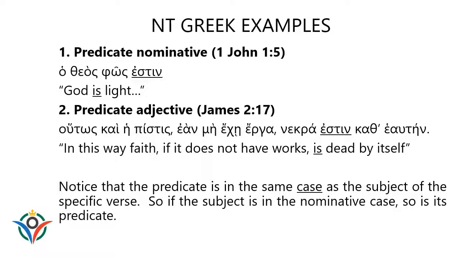Armed with your new knowledge of the different forms of eimi, let's return to the previous examples that we looked at. So firstly, the predicate nominative from 1 John 1 verse 5. The Greek text reads ho theos phos estin. So the question I want to ask is, why is the third person singular form of estin used?